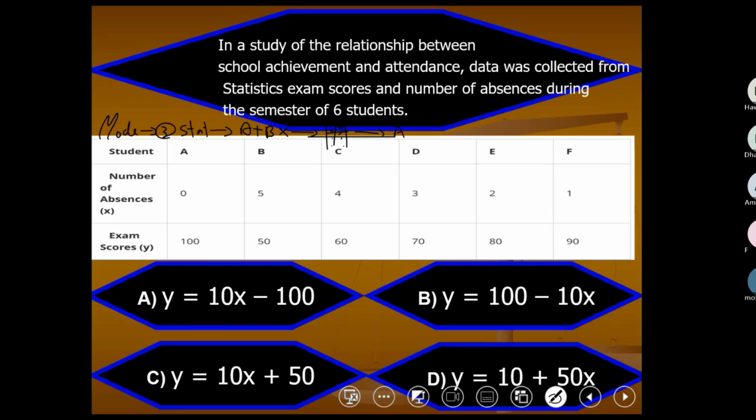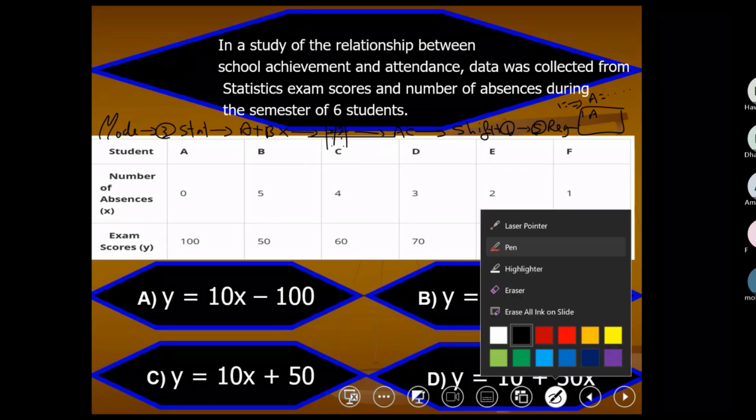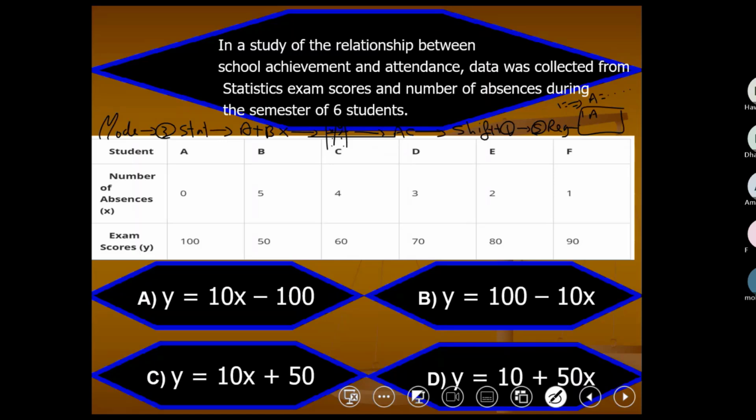After you finish, press AC and then choose shift and 1, and number 5, reg. In the reg, you have A, number 1. So press number 1 and press equal. So you will have A equal to what? A equals 100. Excellent.